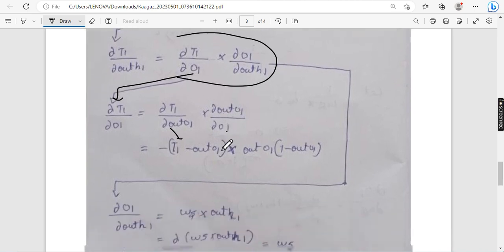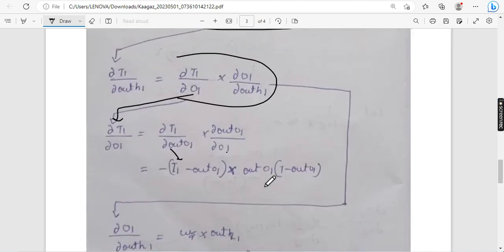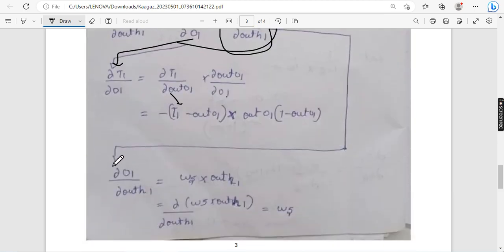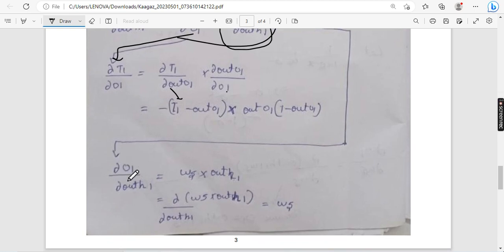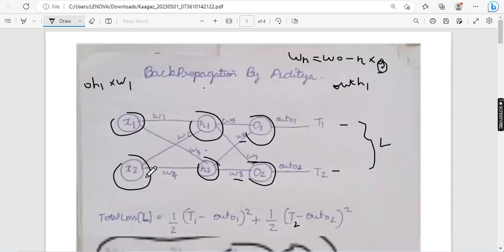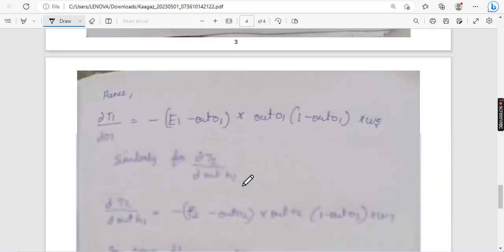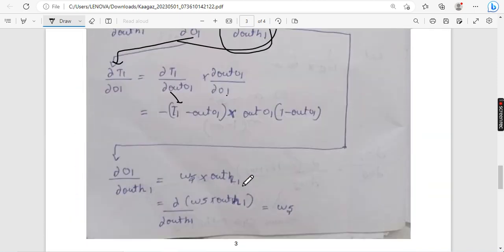All right, let's move ahead. For this derivative I'm computing here, look at here. This is the derivative of O1 with respect to output of H1. Where is O1? O1 is here. So I can write O1 as W5 into output of H1, right?